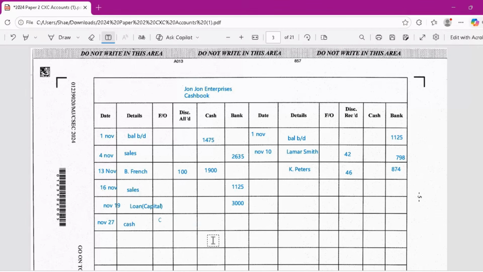So we're going to have to make note that the $800 is going into our bank account and was taken from your cash account. So bank, on the 27th of November. And we also have to make note that it's a contra entry.